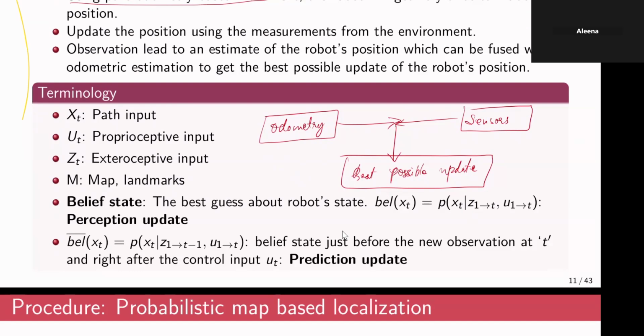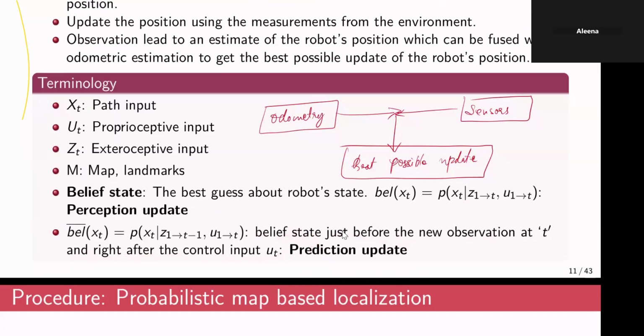We only have the measurements up to the previous reading and all the inputs. So that is what we call belief bar xt. It states a belief state just before the new observation at t, and right after the control input. So we call that the prediction update.